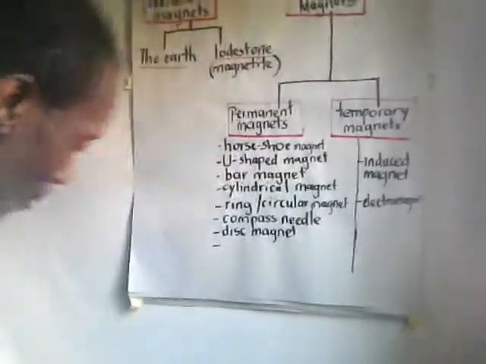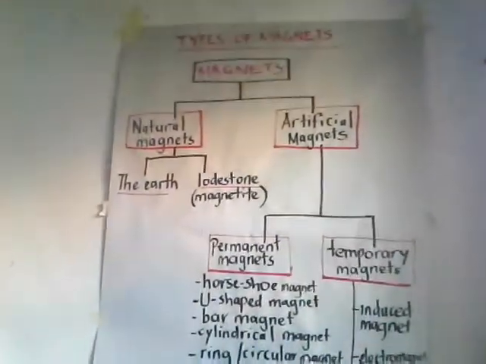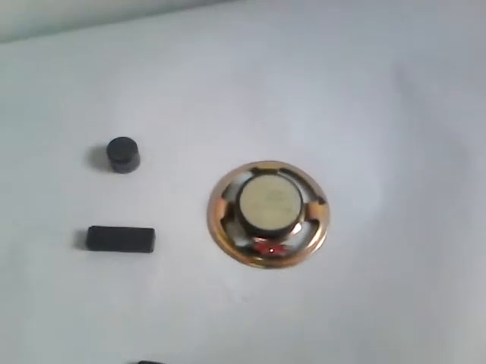Let me take you through the picture, the magnets that I have here with me. That is a loudspeaker there, and this loudspeaker has got a circular magnet around it.